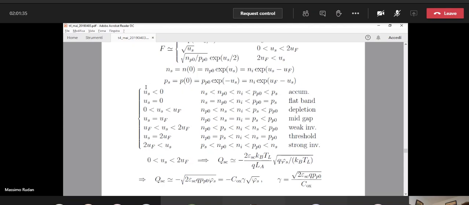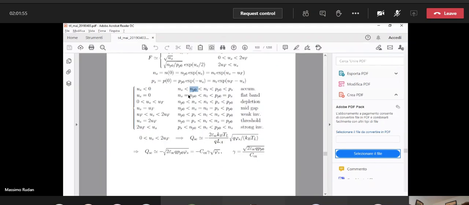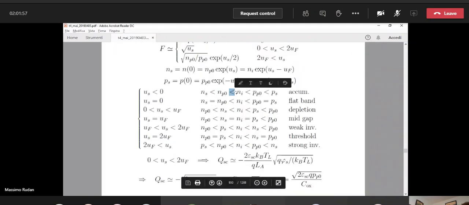So when US is smaller than 0, we have a chain of inequalities showing that the surface concentration of the electrons is smaller than the asymptotic concentration of the electrons. That in turn is smaller than the intrinsic concentration.